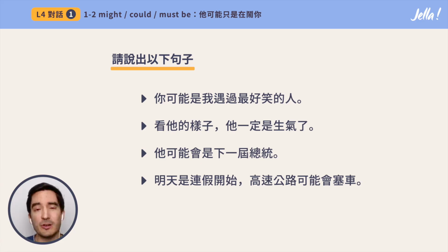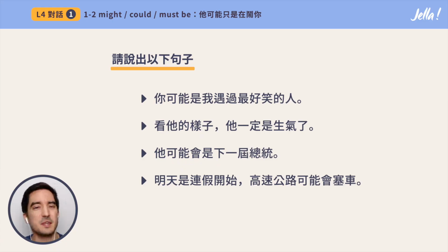Might and could are almost the same, but remember, since could comes from can, it includes some of that feeling. So by saying he could be the next president, you're kind of hinting that maybe he has the ability to do it. It's not just that I think it's a chance, I think he actually has some ability. Maybe he can do some cool stuff or good stuff, okay?